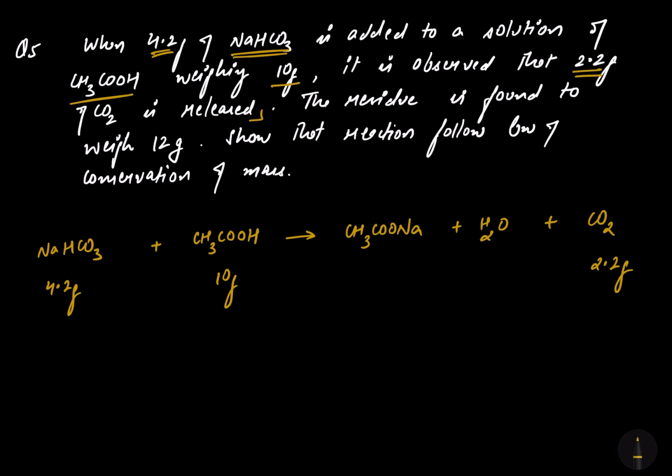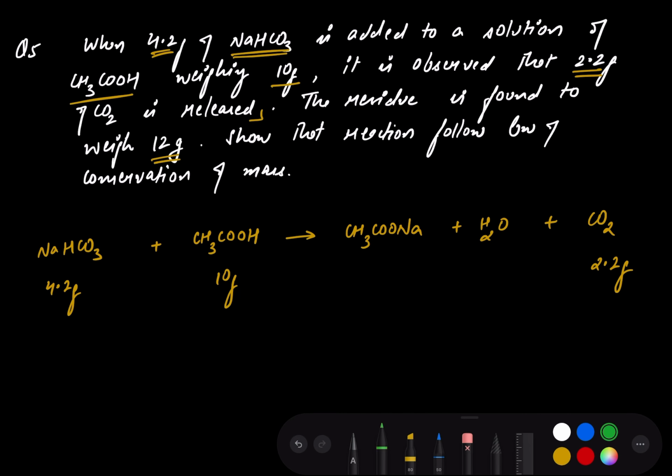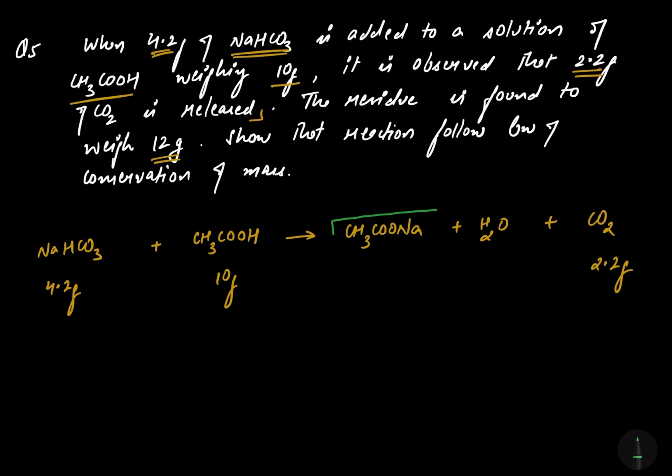The residue is found to weigh 12 grams. Here he is taking these both products to be the residue, because CO2 is a gas which will escape out and the residue is left. The residue weight he is saying to be 12 grams.